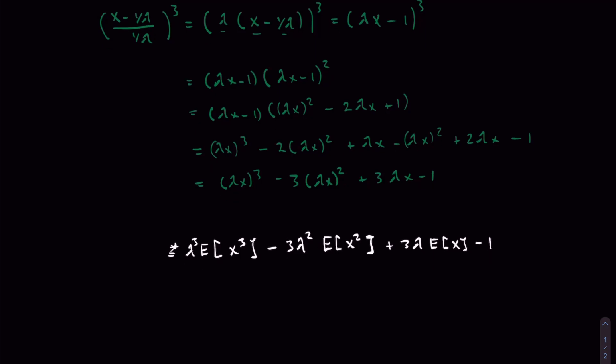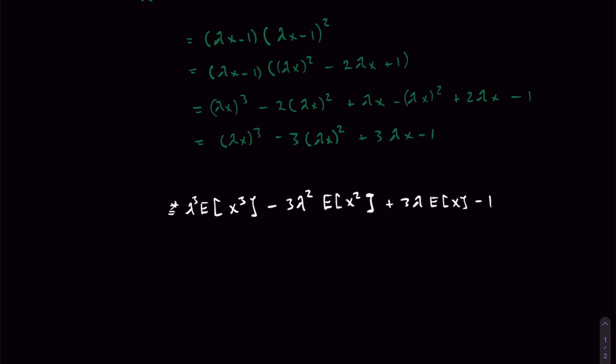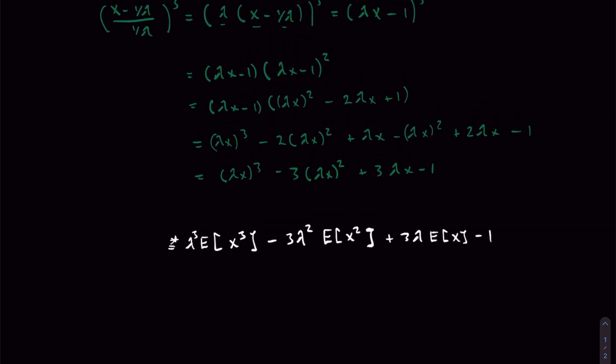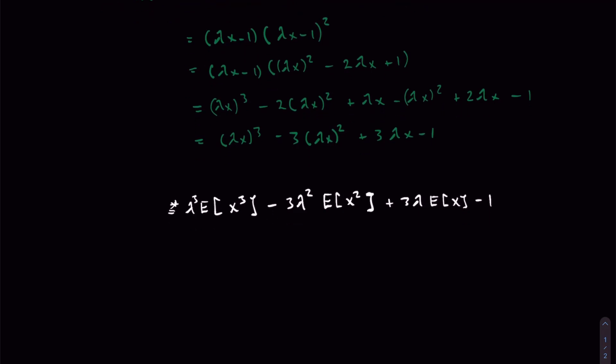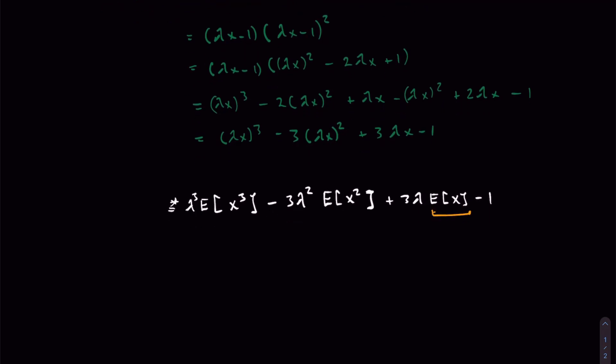All right, so now we're making some progress. This term we know, the expectation of an exponential, is 1 over lambda.